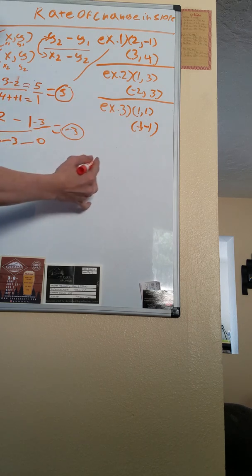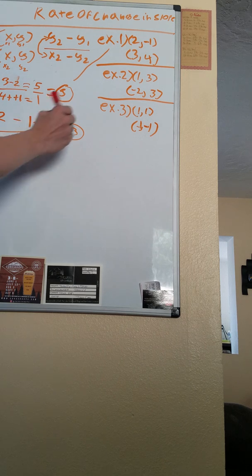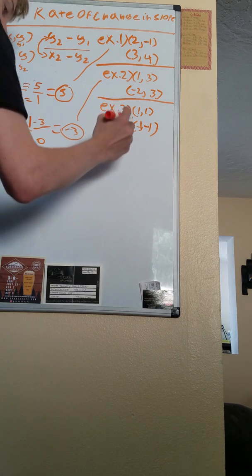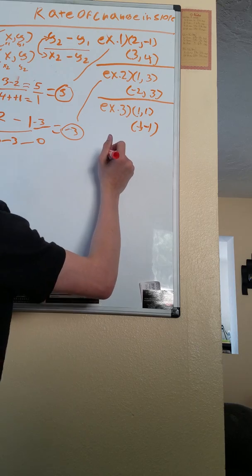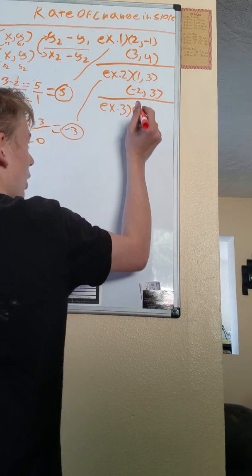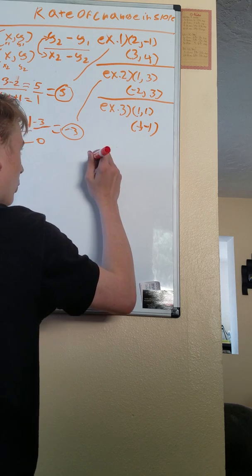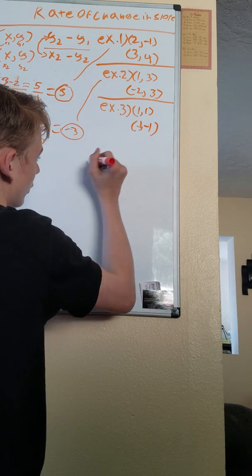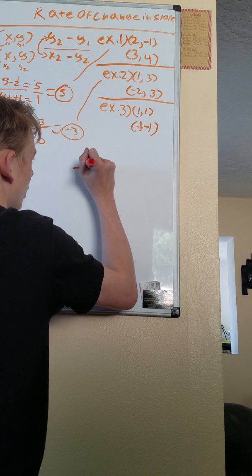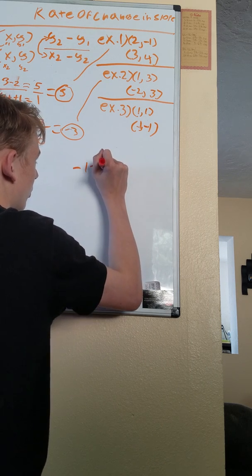And then example number 3 is going to be like this. So I'm going to go down here. Now we got example 3. Of course we need to grab the x2 and the x1. We're going to grab the x2 first because it's easier. So now we got -1 minus 1.